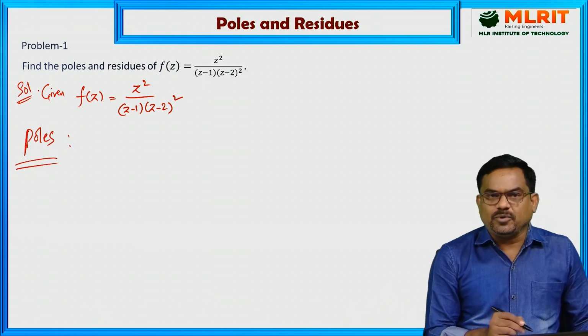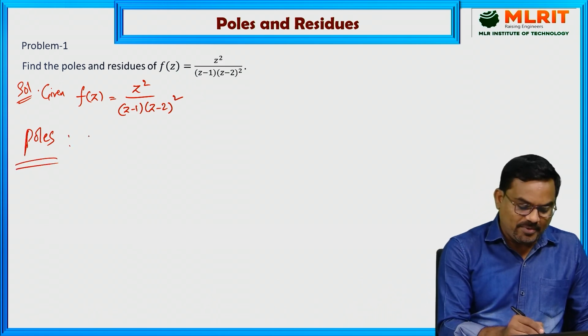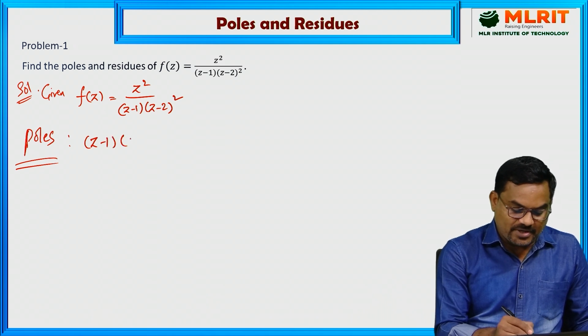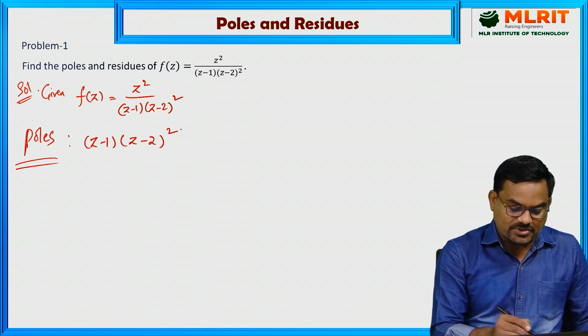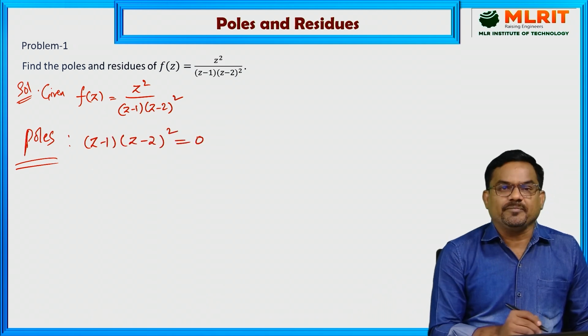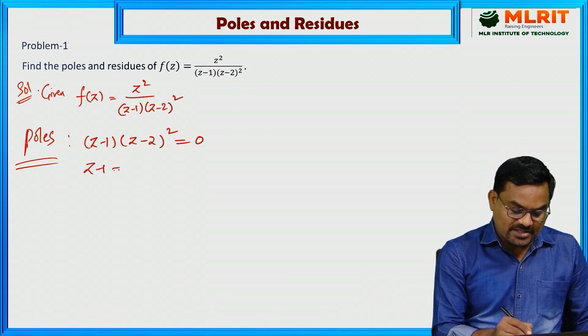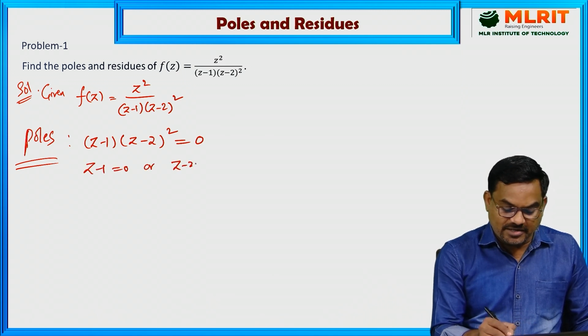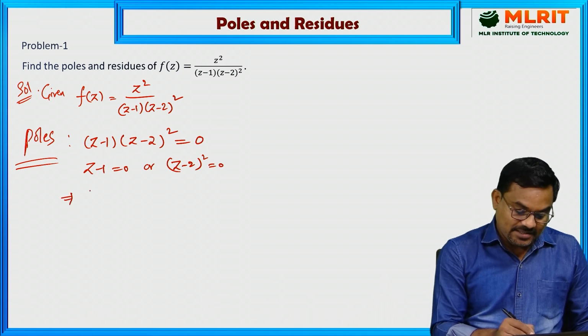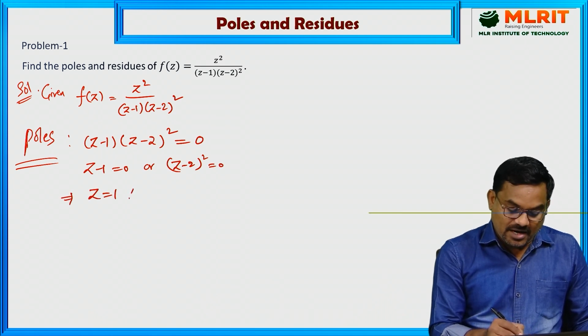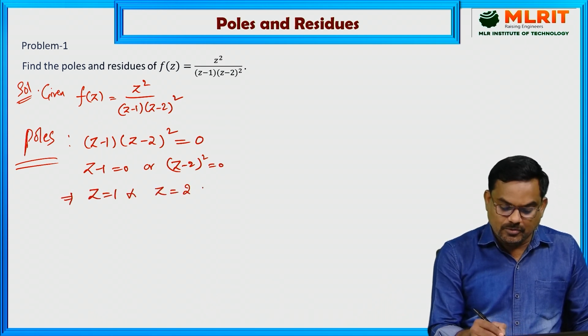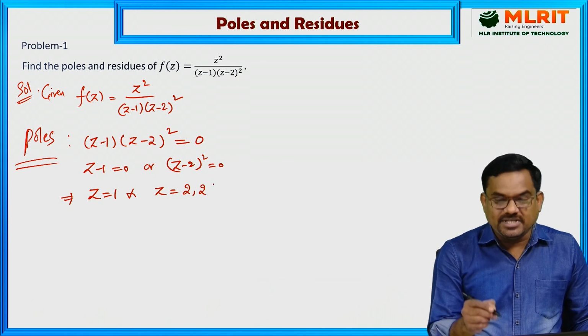How to find the poles? By equating the denominator to 0. (z minus 1) into (z minus 2) whole square is equal to 0. So, this is z minus 1 is 0 or (z minus 2) whole square is 0. That implies z equal to 1 and z equal to 2, where 2 is a repeated one.